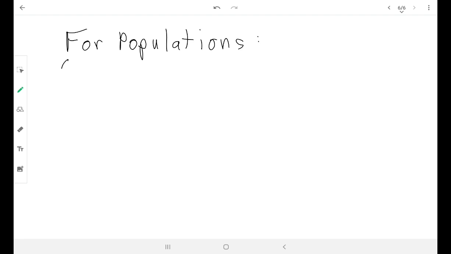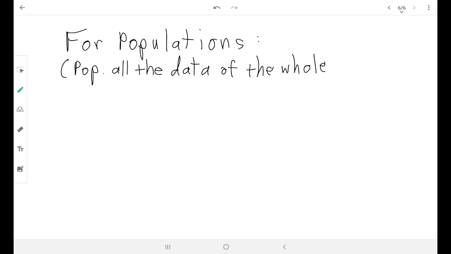A population is, of course, all the data of the whole thing, which a lot of times is not possible. It's rare to be able to get data for the population unless you have a small population.